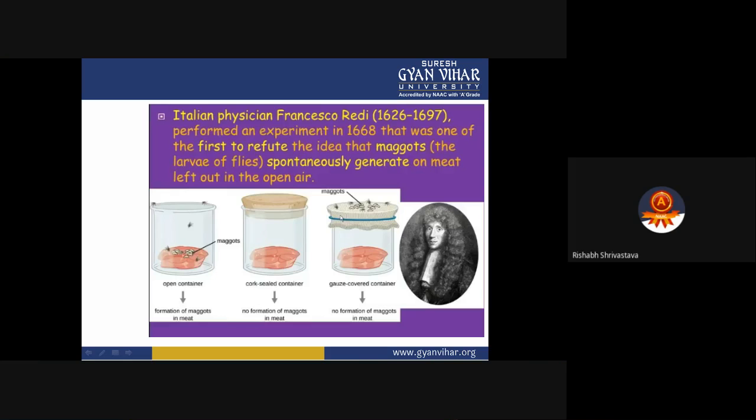Since there was no smell coming out of the container, the flies did not even go and sit on that particular container. On the other hand, in the third container, where there was a gauze, the flies, because of the smell, landed on the gauze and laid their eggs on the gauze. And when they laid their eggs on the gauze, the eggs turned into maggots.